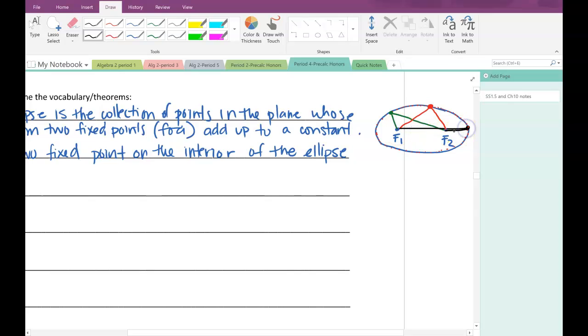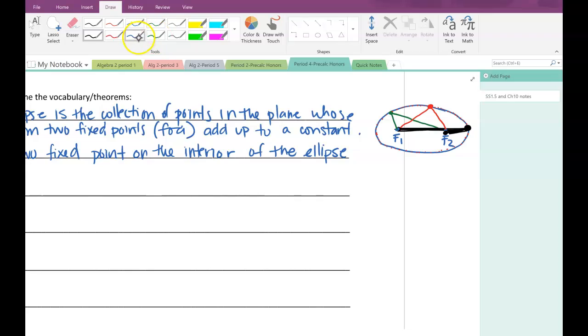They should be on the same exact horizontal line because the two foci should be on the same line, but I don't want to draw it on the same one because you can't see. But this distance here from focus 1 to this dot on the right side, add that to focus number 2 to the same dot. That should be the same exact distance as the red and the green.